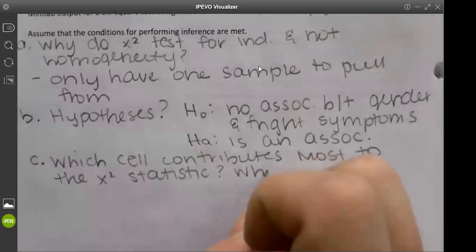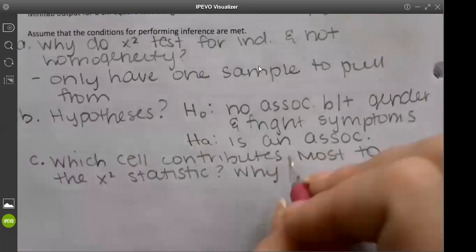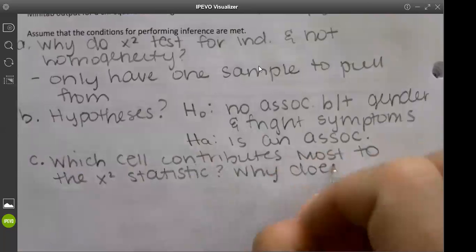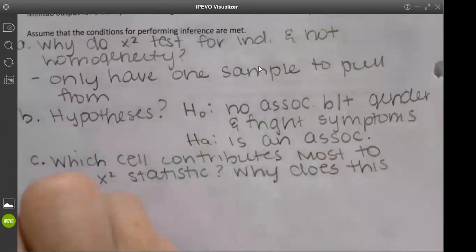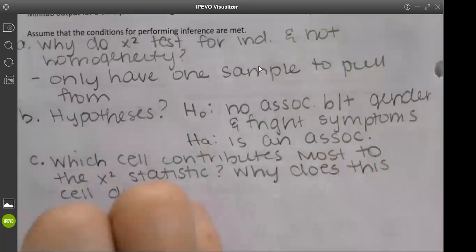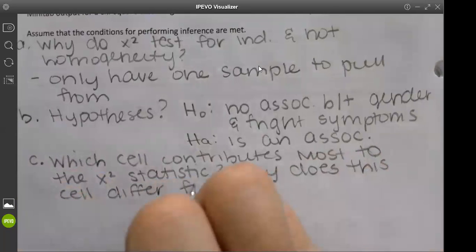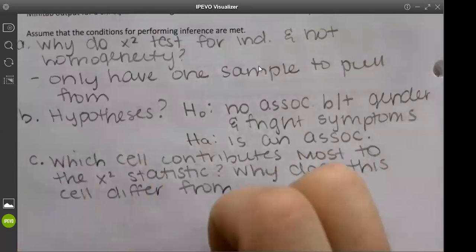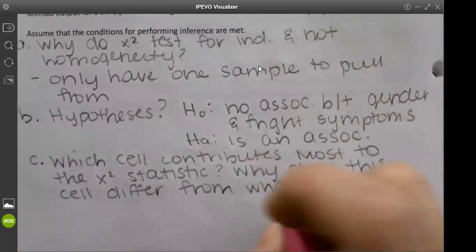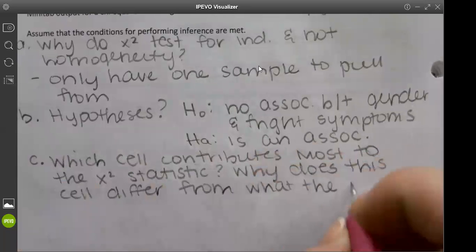And why does this cell differ from what the null suggests?